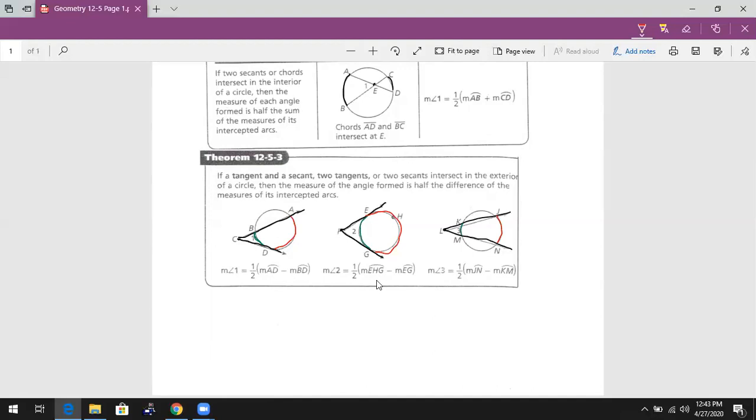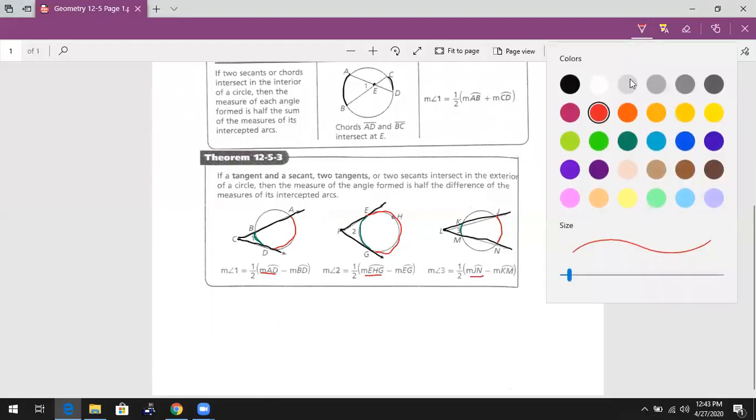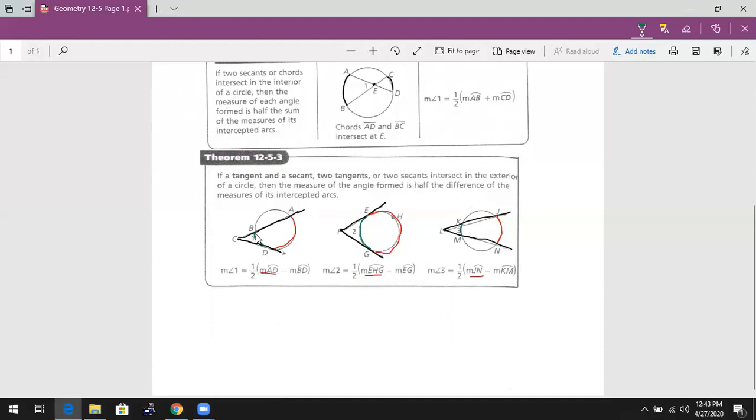So in all these formulas, the measure of angle 1, angle 2, angle 3 is half of the difference, that's subtraction, between the big arc, red one, AD, EHG, and JN, and the small arc, green one, BD, EG, and KM.